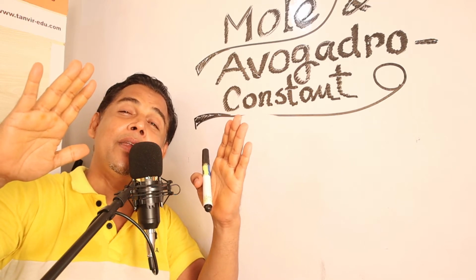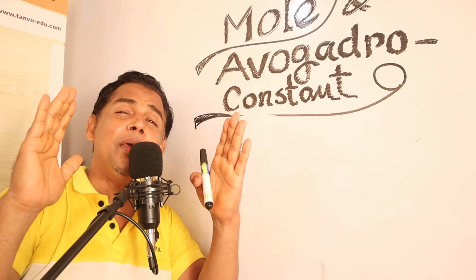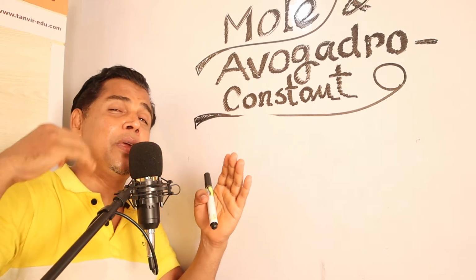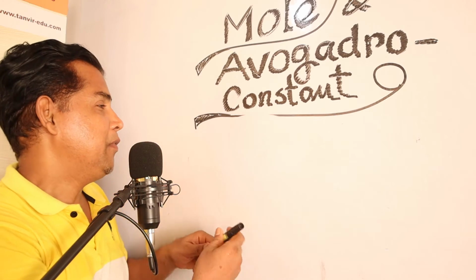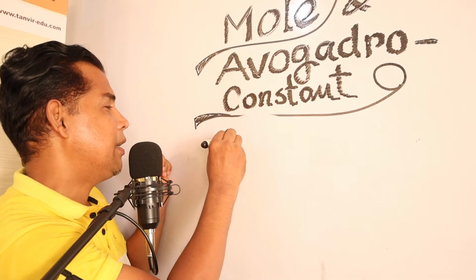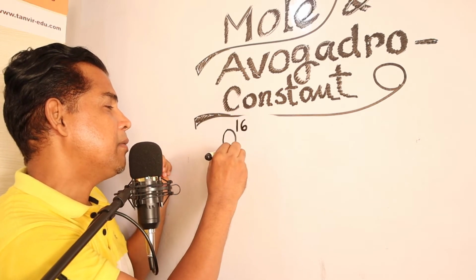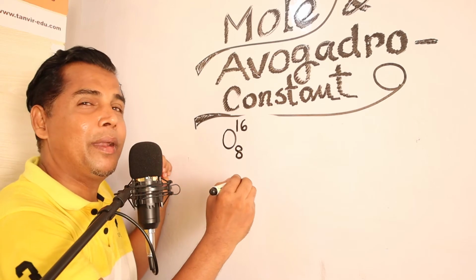I'm going to go gradually. Firstly, I'm giving the example of oxygen. The upper number is the mass number, and the lower number is the atomic number.